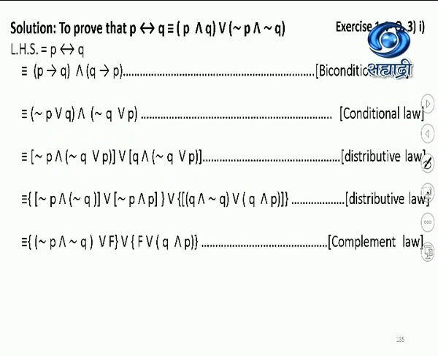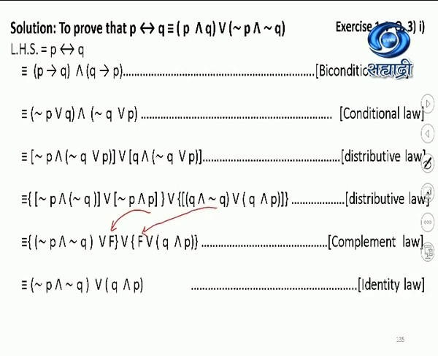Now, negation P and negation Q I have kept as it is, but what do you see is it is like negation P and negation Q or negation P and P. Negation P and P gives me F. Okay, and Q and negation Q also gives me F by complement law. Then anything or F, using the identity law, is the bracket negation P and negation Q. Here also F or the bracket is the bracket, because in or I have told you the larger statement is the answer.